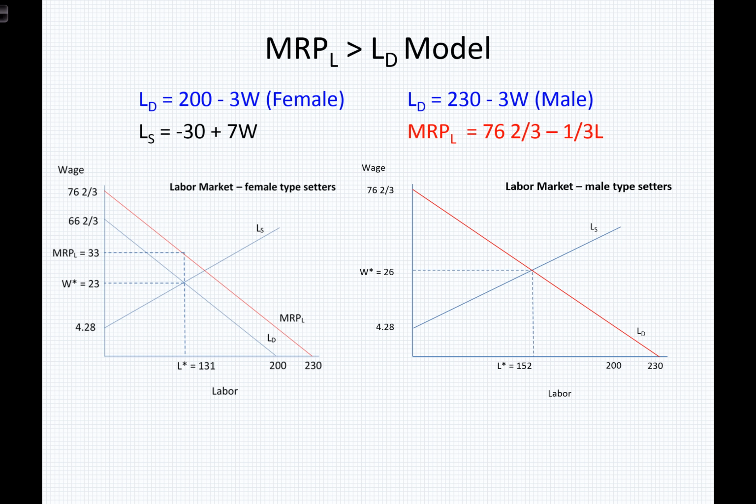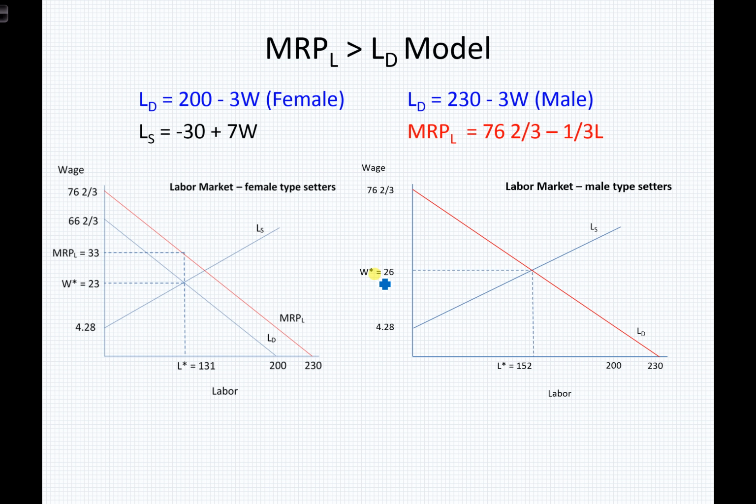And when we see that level of discrimination, we find that where we have labor supply equaling labor demand, that's going to give us the L star under that relationship, and that will yield our W star for that relationship, which is less than W star over on the right-hand model.